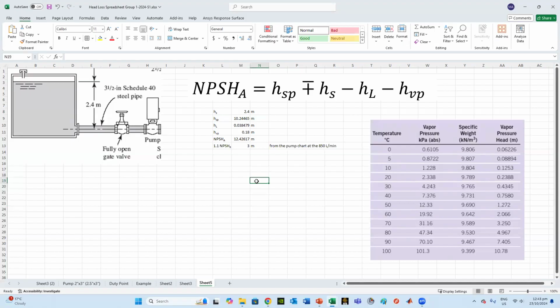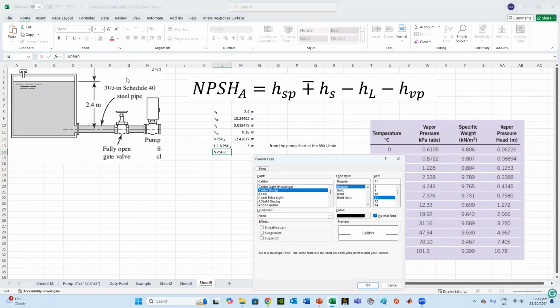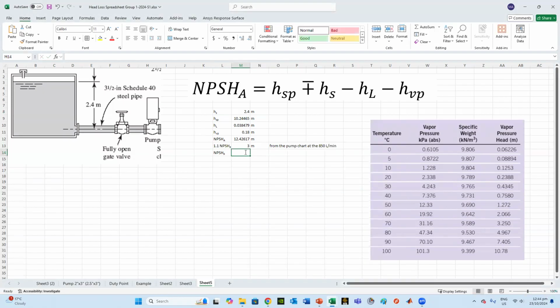So that will give me, if I multiply that with the ratio, so the net positive section head required, just make sure you go with that value. So it would be equals that one times 1.1.